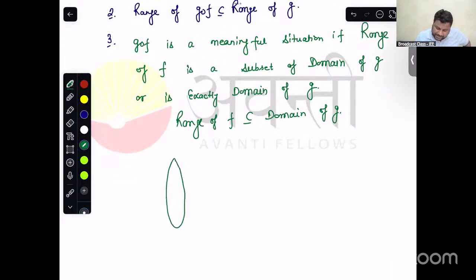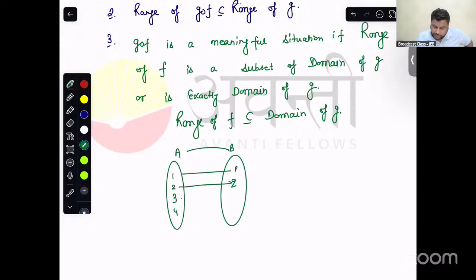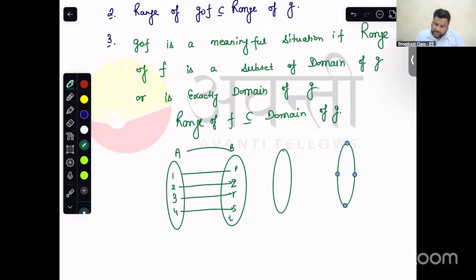See, let us assume this is your f function. A to B. Here it is 1, 2, 3, 4, going towards P, Q, R, S, and T. Now, from some set C to some set D, a function g is defined.